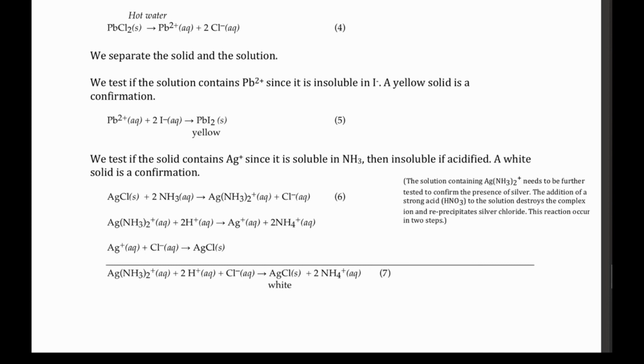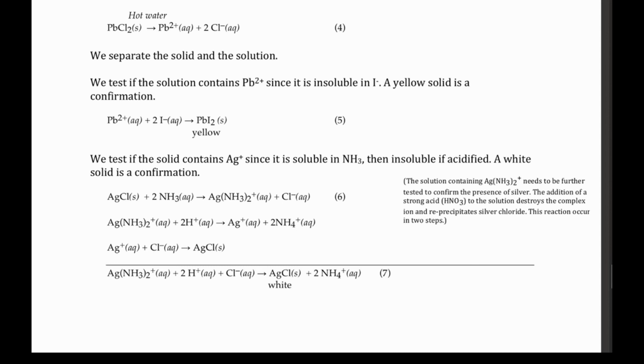Now, the solid in the test tube is silver, but a way we could test that is to add some ammonia to it. It forms that silver ammonia complex ion that we talked about before. Notice that that's an ion, and so that causes the silver chloride to dissolve.